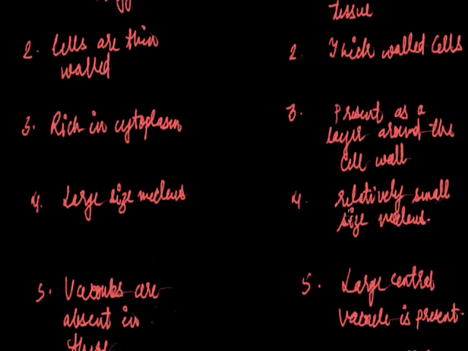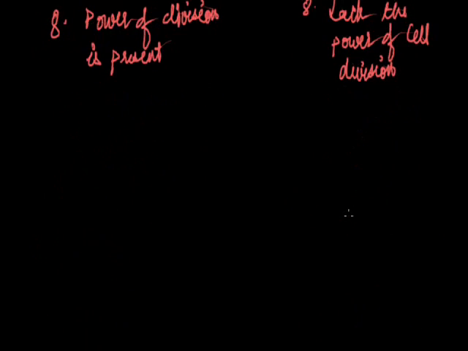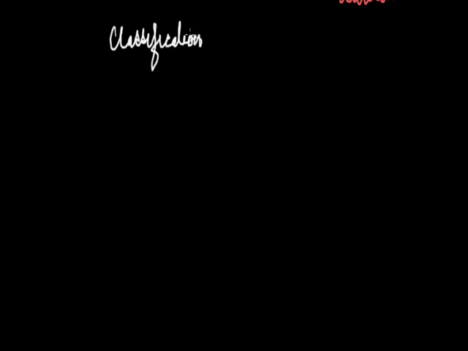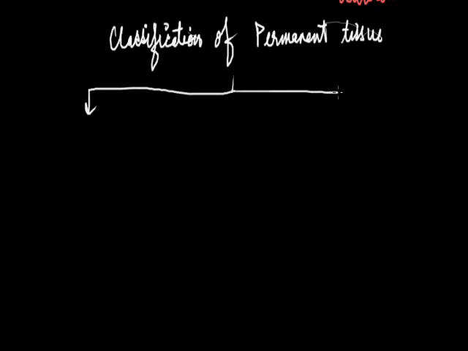Now we are going to classify the permanent tissues. On the basis of complexity, these permanent tissues are divided into two types. One is the simple permanent tissues.